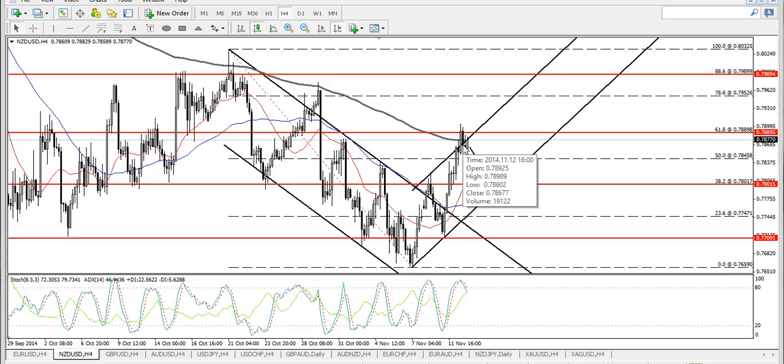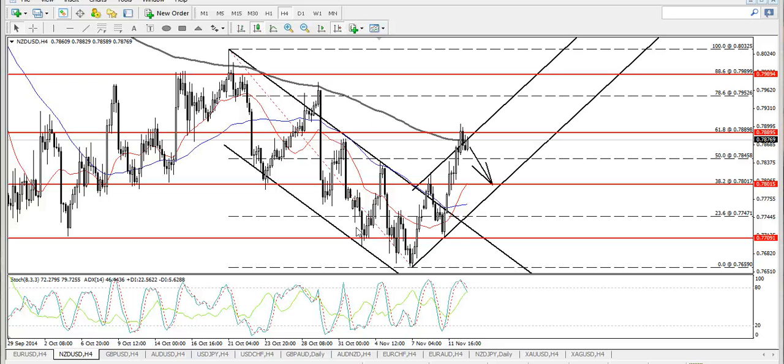Also take note that price did close above the 200 moving average, so price might want to gain a little bit further again and retest the 61.8% level. And if at that point it got resisted again and there is a setup for it, then that may be a shorting opportunity.